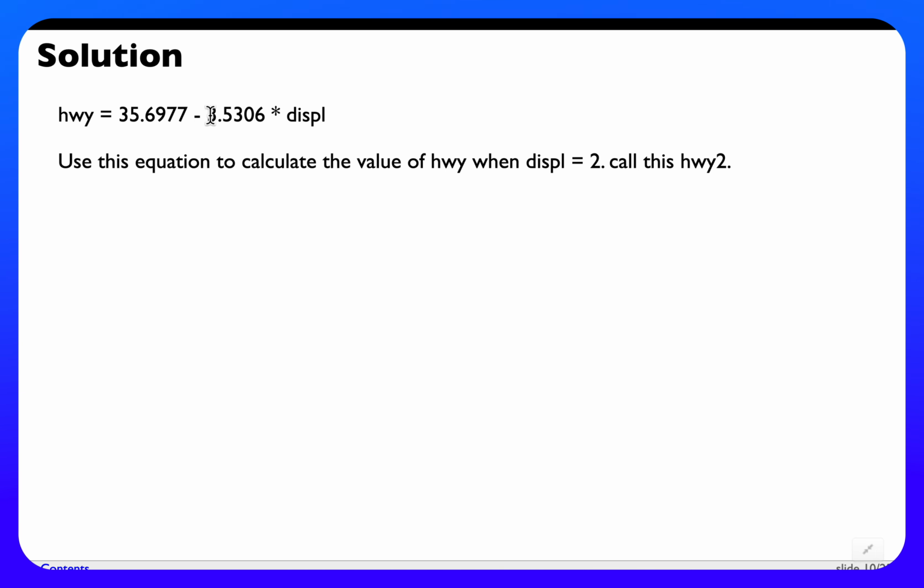Highway is intercept minus slope times displacement. And I want you to use this equation to calculate the value of hwy when displ is 2, and call this highway2. Take a second to do that, then restart the video.